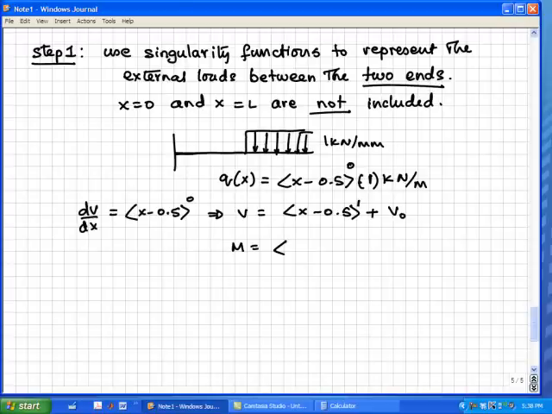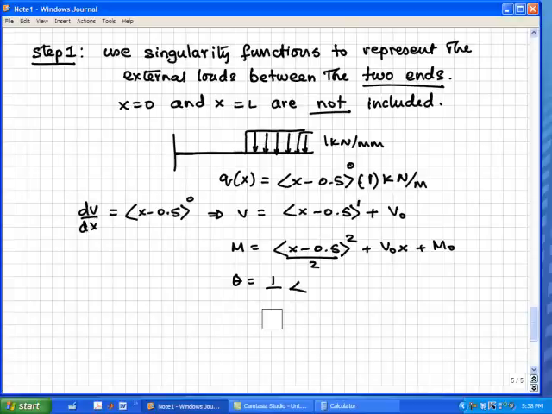M equals <x minus 0.5> to the power 2 plus V naught x plus M naught. Theta equals, sorry, this was divided, theta equals 1 over 6, sorry, 1 over 6 EI.